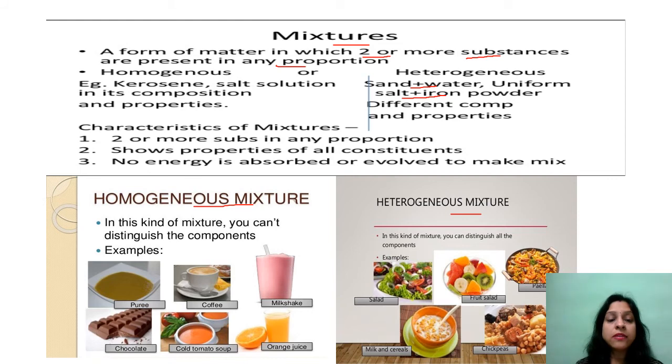Examples are puree, coffee, milkshake, chocolate, cold tomato soup, orange juice. These are all mixtures in which we cannot distinguish the components.